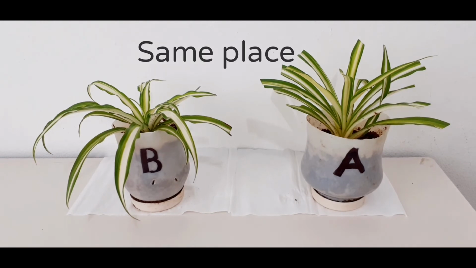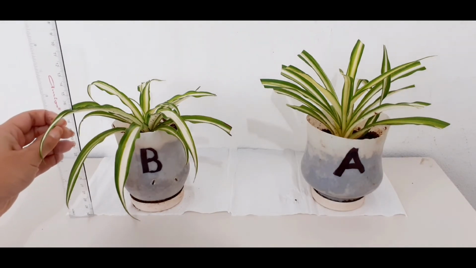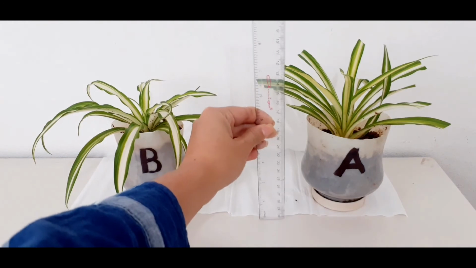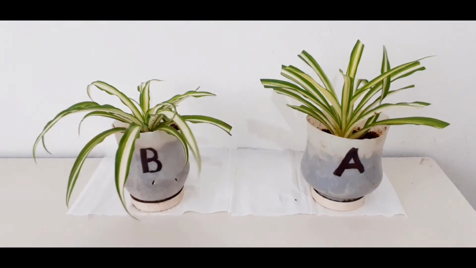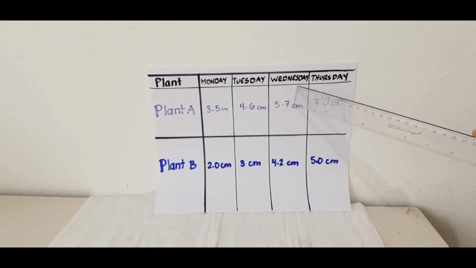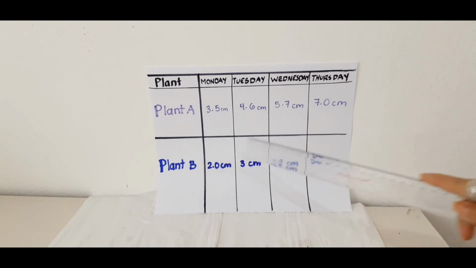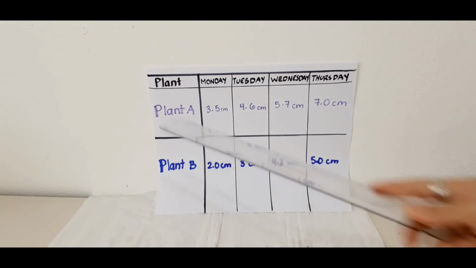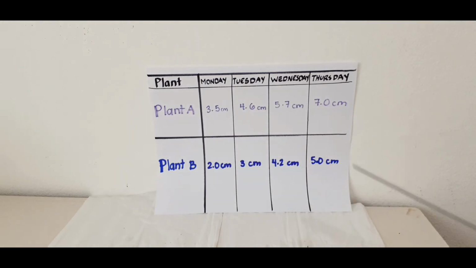Every day, I will have to measure if the plants are growing or not. And as a good scientist, I must keep a daily record of how much each plant grows. I can do it by week, or I can do this by a month or 2 months.